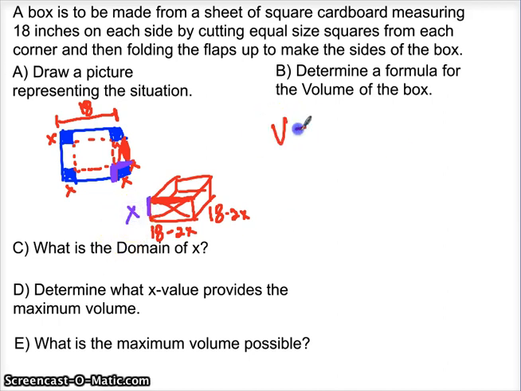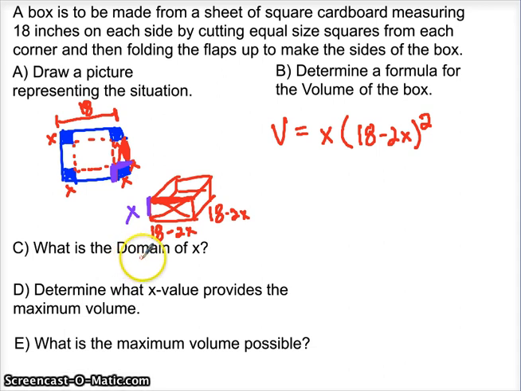So the volume of the box will be equal to x times (18 minus 2x) squared. You can FOIL that out if you want to, but it's not necessary. That looks like a pretty good formula for the volume of the box.